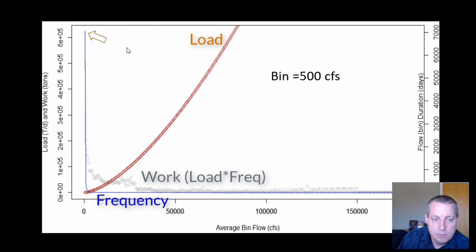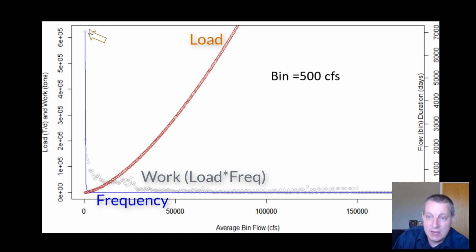The blue is the flow duration curve, the brown is the load curve, and the gray is the product. And you can see that for the flow duration curve, almost all of the flows fall into this first 0 to 500 CFS bin.